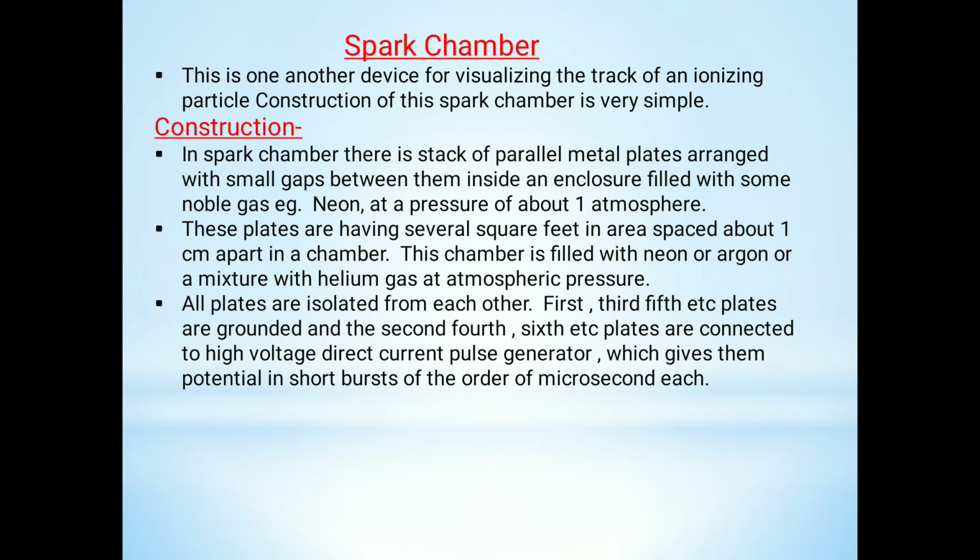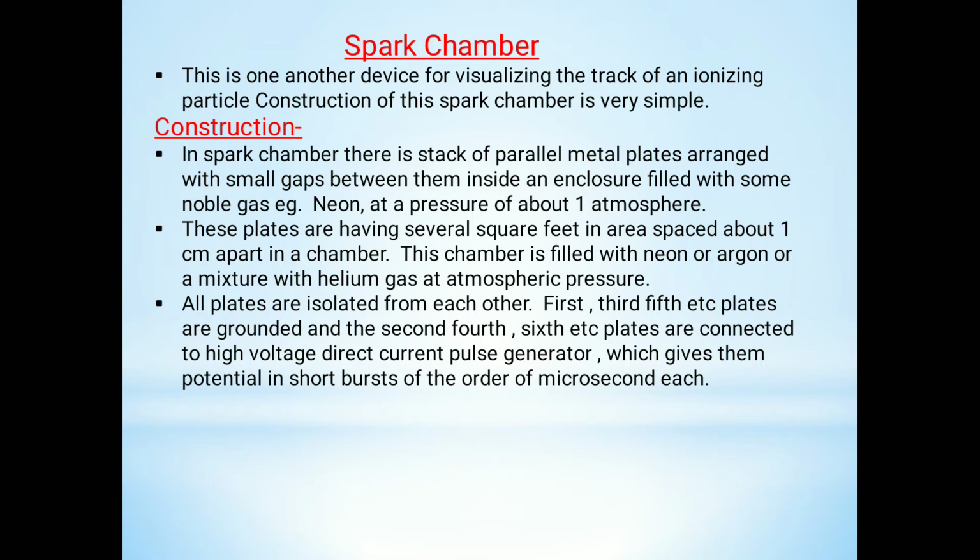Now, all the plates are isolated from each other. First, third, fifth, etc. plates are grounded, whereas second, fourth, sixth are connected to a high voltage direct current pulse generator, which gives them potential in short bursts of the order of microseconds.